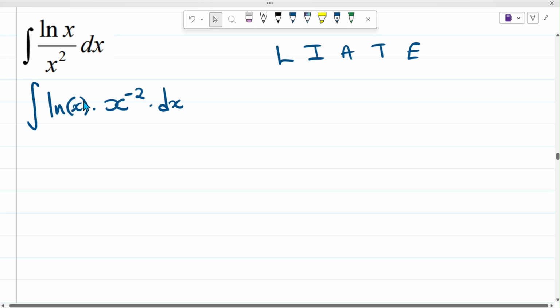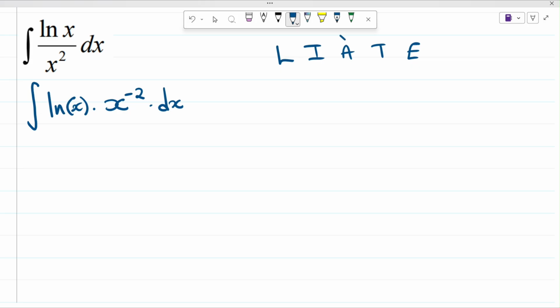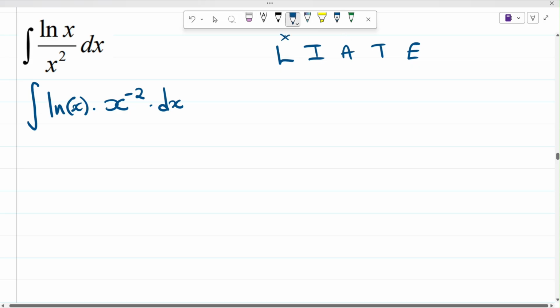So now we identify the two functions that we have. We've got an algebraic function and what? And a logarithmic function. You understand? We've got a logarithmic function and an algebraic function.